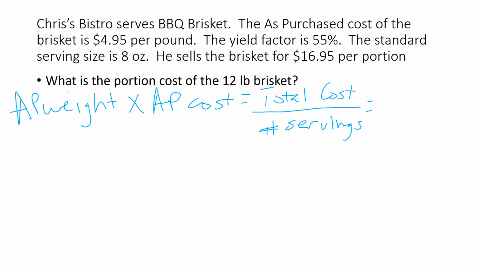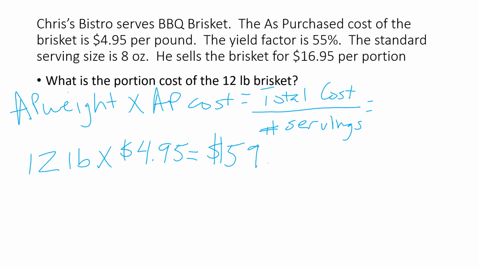So for our total cost, what's our as purchased weight? 12 pounds. What does it cost per pound? $4.95 per pound. $59.40 is what it cost me for that brisket.